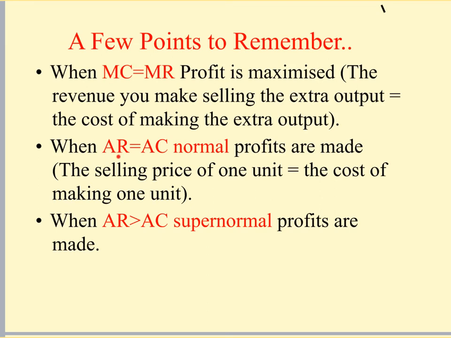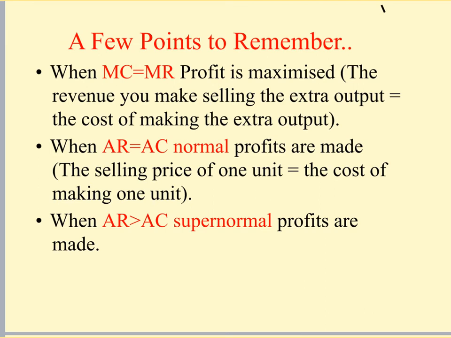If we see that AR is equal to AC, that's normal profits being made. Sometimes students ask me when I go through the graphs with them, why is that firm staying in the industry if they're not making supernormal profit? Supernormal profit is where your average revenue is much greater than your average cost. We'll see supernormal profits in the short run for perfect competition, but we'll also see them in all of the market structures, in particular for monopoly.